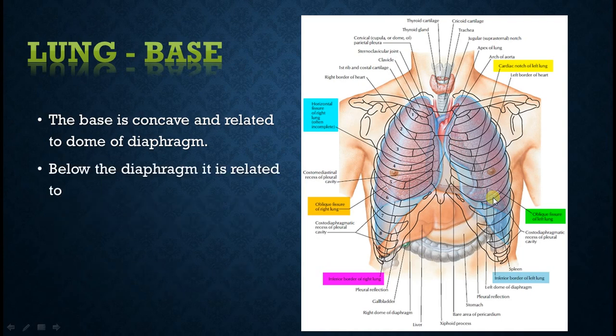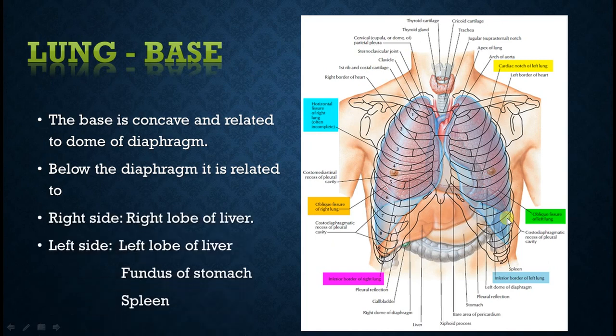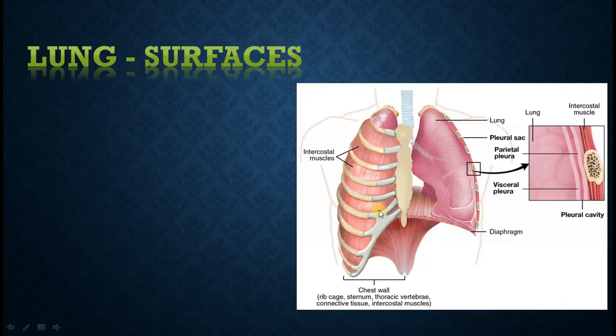Below the diaphragm, the right lung is related to the liver, and the left lung is related to the left lobe of liver, fundus of stomach, and then the spleen. Those are the left lung relations of the diaphragmatic surface or base. For the right lung, it is only the liver.